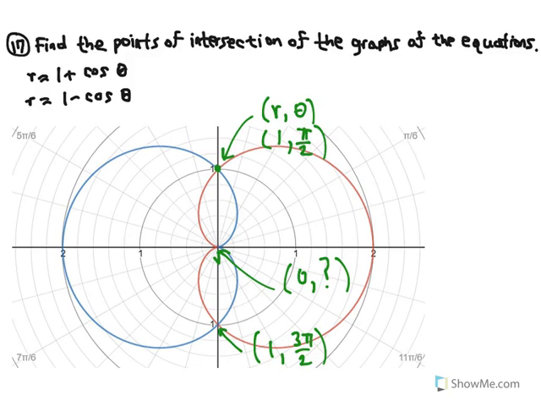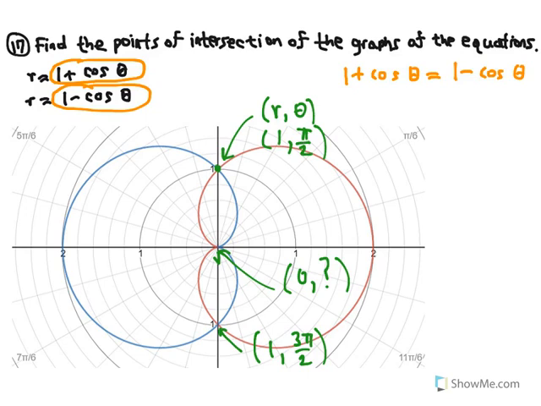Find the points of intersection of the graphs of the equations. So just like we did with the same problem with the rectangular equations and their graphs, we're going to set the 2 polar equations equal to each other and see which of the 3 points of intersection that we see from the graph we will get doing the problem like this. So you can solve for theta.